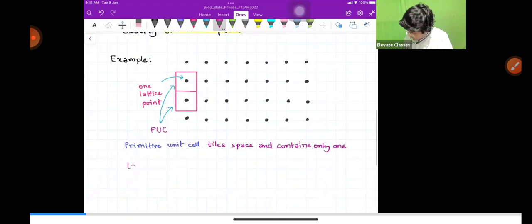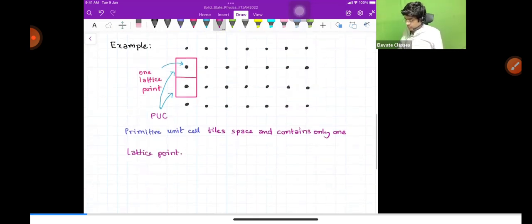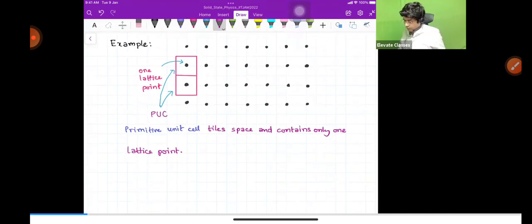All right. Is this clear? Whenever I say tiles, it means it doesn't have any gap in between. Okay, tiling is that. Just remember it, the tiling of your floors and walls.